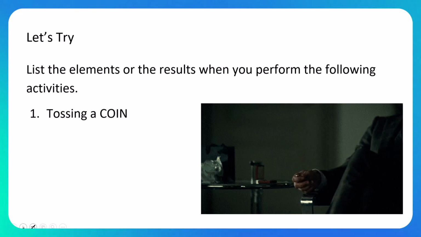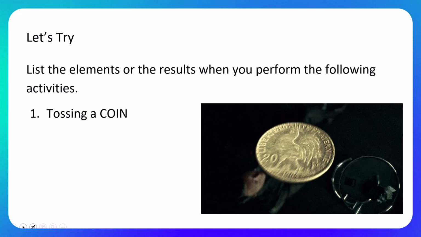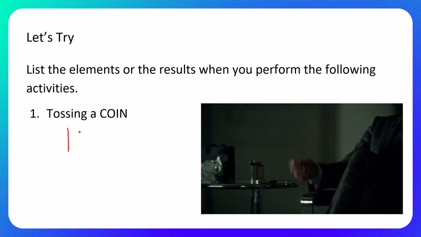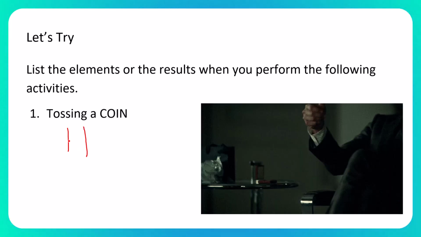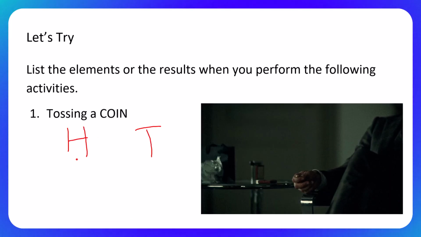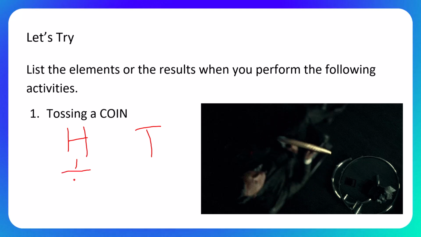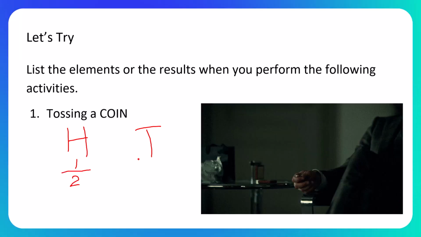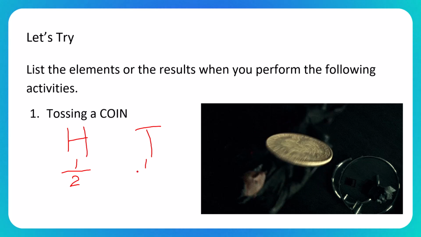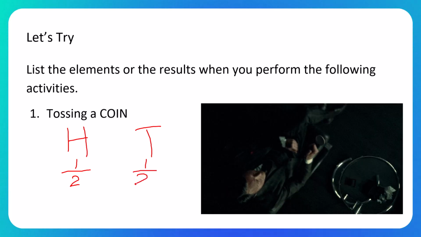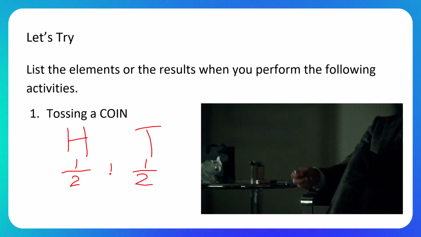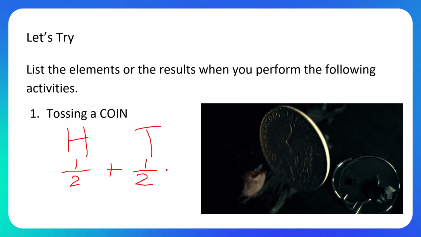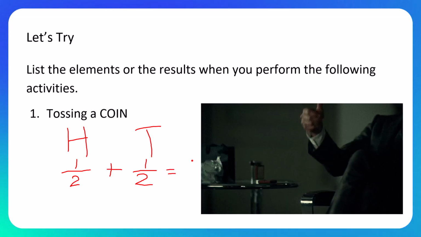So it should have 2 sides, heads and tails, and it's not weighted. We have heads and we have tails. On the first toss, there's a 50-50, or 1/2, probability that I'll get a heads, and a 1/2 probability that I'll get a tails, and our possible outcomes should always add up to 1.